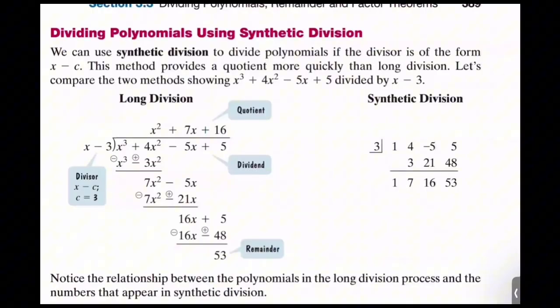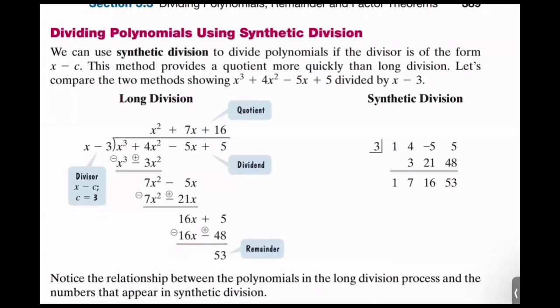You remember what coefficient means, right? So for x cubed, there's a 1 in front of it. For x squared, there's a 4 in front of it. For x, the minus 5 in front of it, and the constant term is the last thing you write.